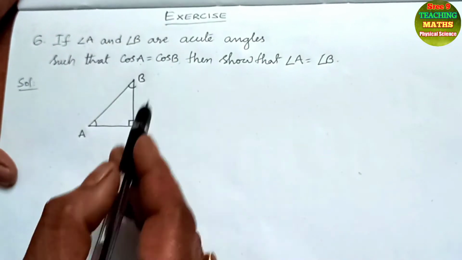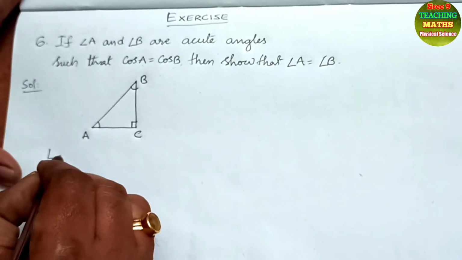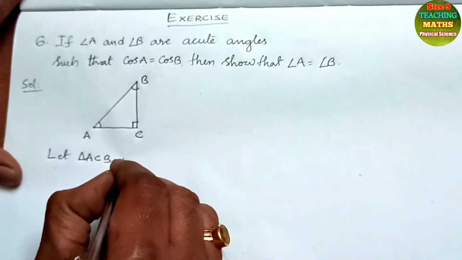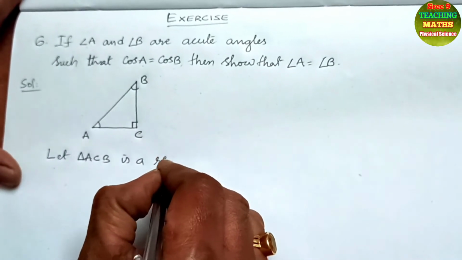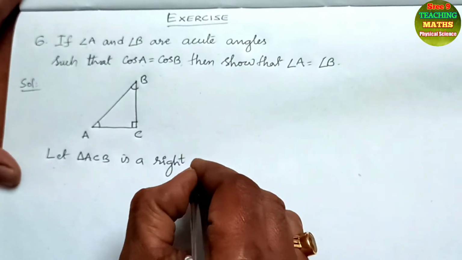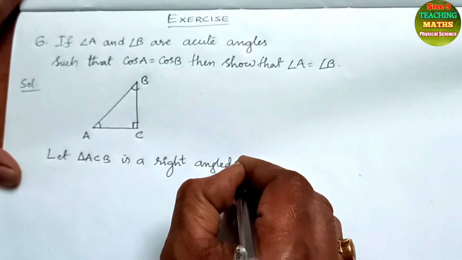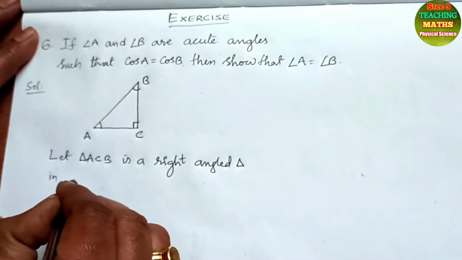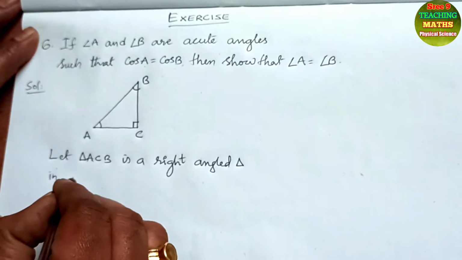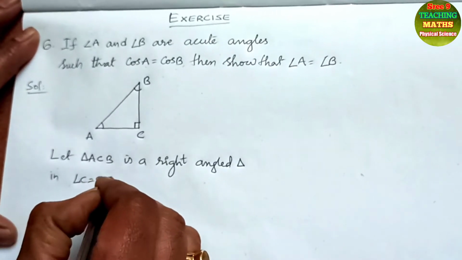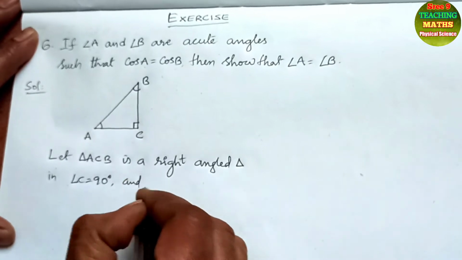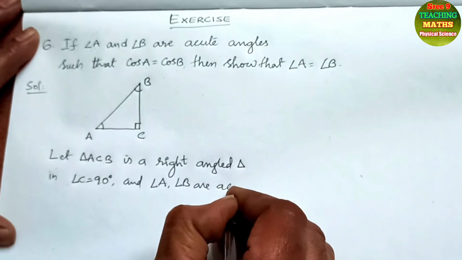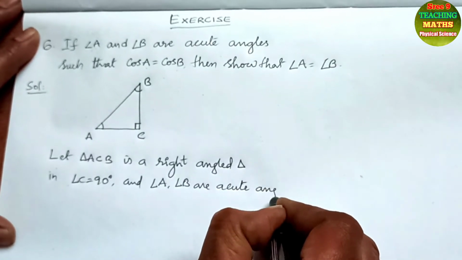Now let us write: let triangle ACB be a right angled triangle, in which angle C is equal to 90 degrees, and angle A and angle B are acute angles as given in the problem.